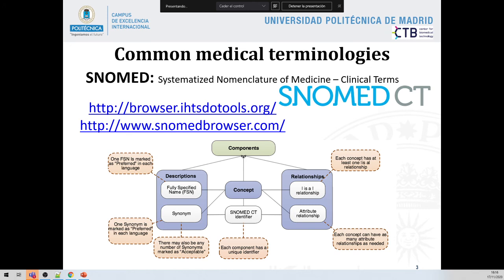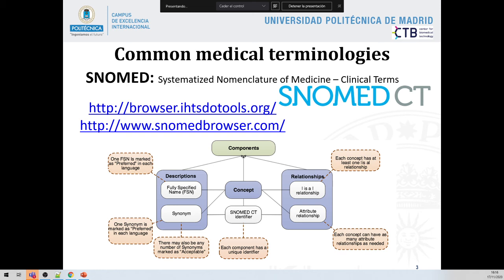One of the most important and largest vocabularies is SNOMED CT, where CT stands for clinical terms. SNOMED CT is a collection of medical terms that provides codes, synonyms, a hierarchical classification, and definitions for medical knowledge. It is used most of all in clinical documentation and reporting, for example, for clinical notes.